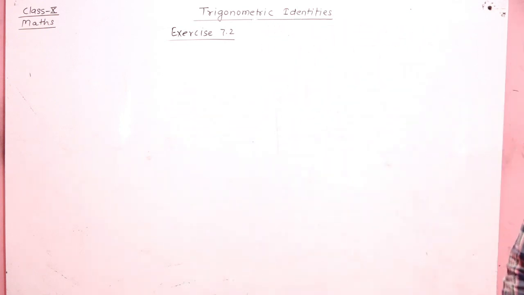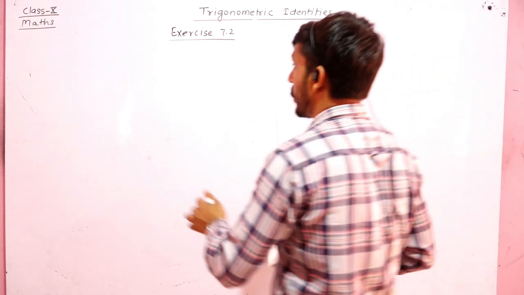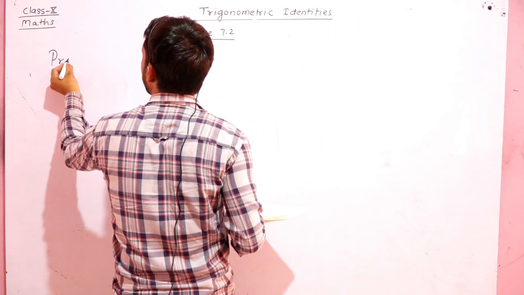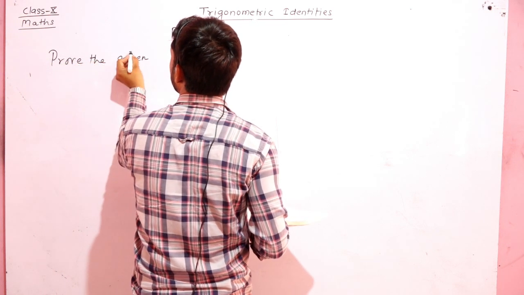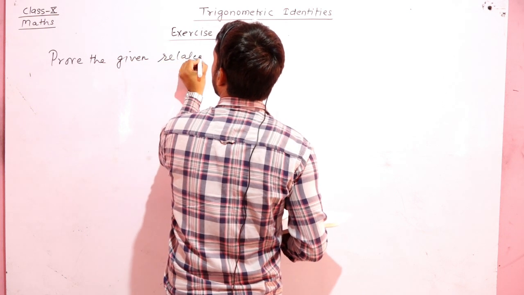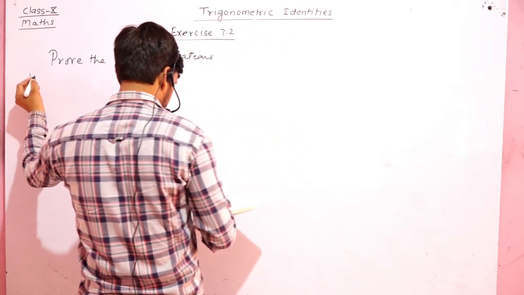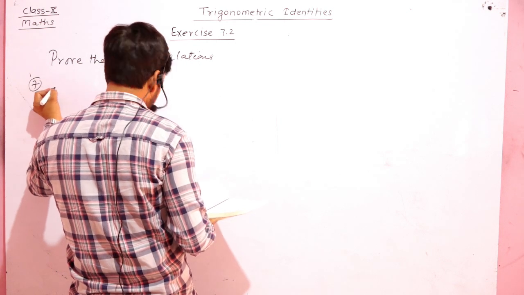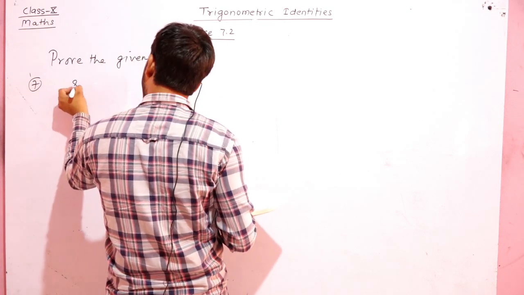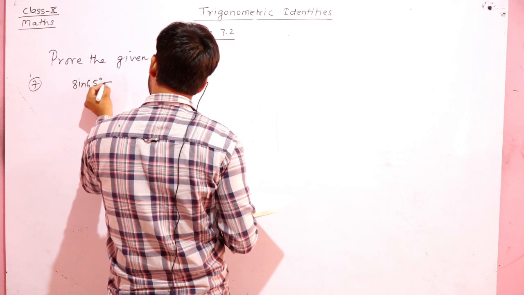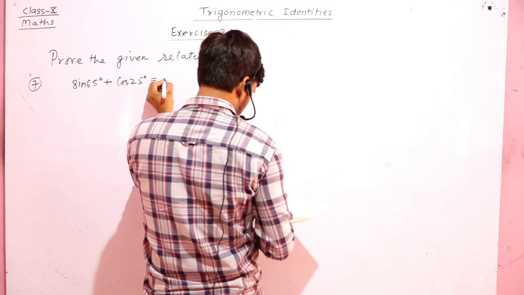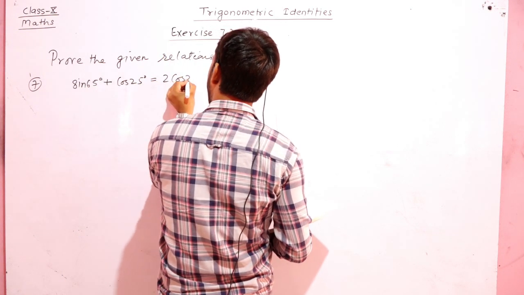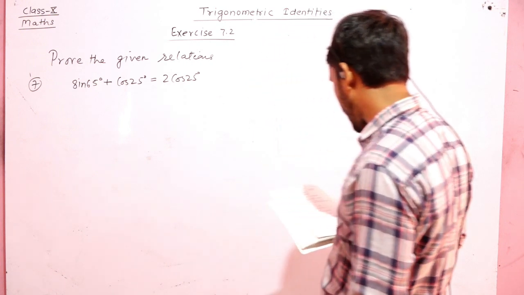As we have to prove the given relations, the first part is question number 7, given as sine 85 degree plus cos 25 degree, and we have to prove it is cos 25 degree.